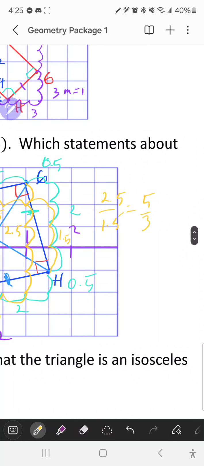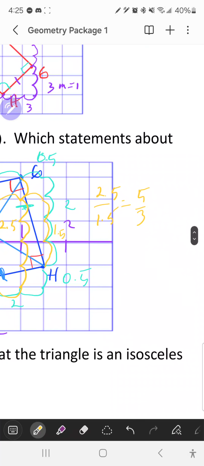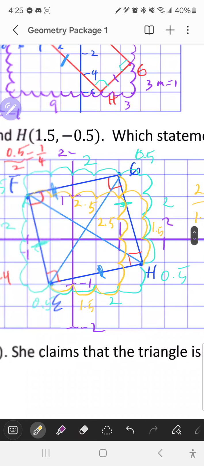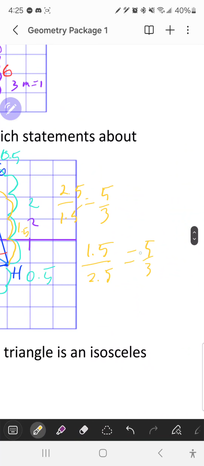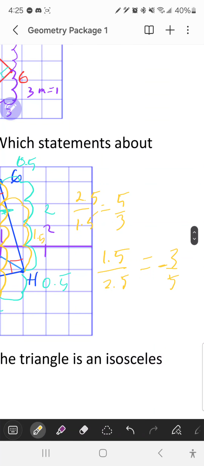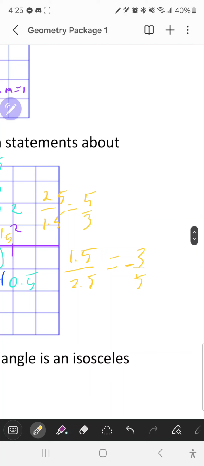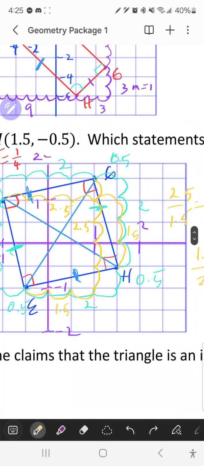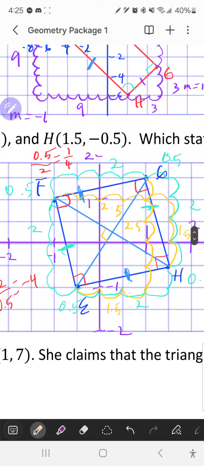So rise over run in this case is going to be 1.5 over 2.5, which is 3 over 5, but it is going down, so it is negative 3 over 5. And as you can see, they are opposite and reciprocal, so therefore the diagonals are perpendicular to each other.